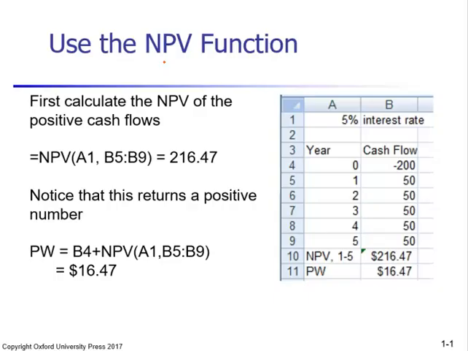So that's the reason here it says first calculate the NPV of the positive cash flows, because it started from 0. But the function, NPV, starts from here. So that's the reason.